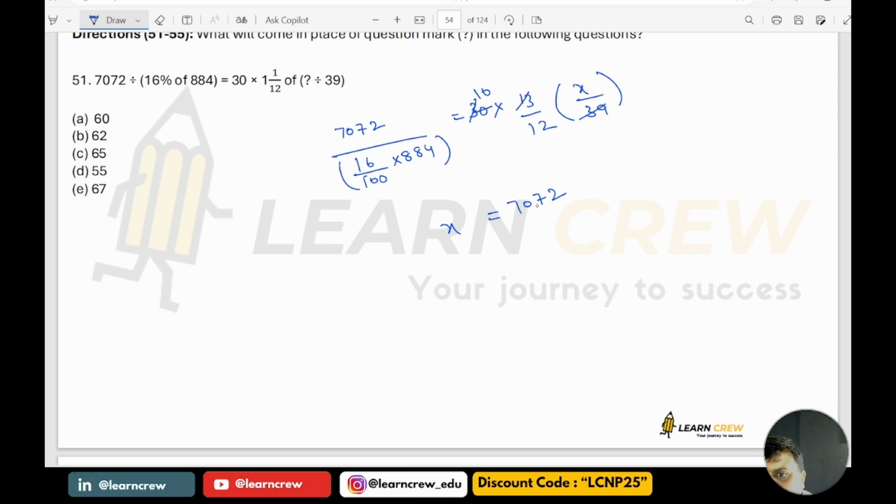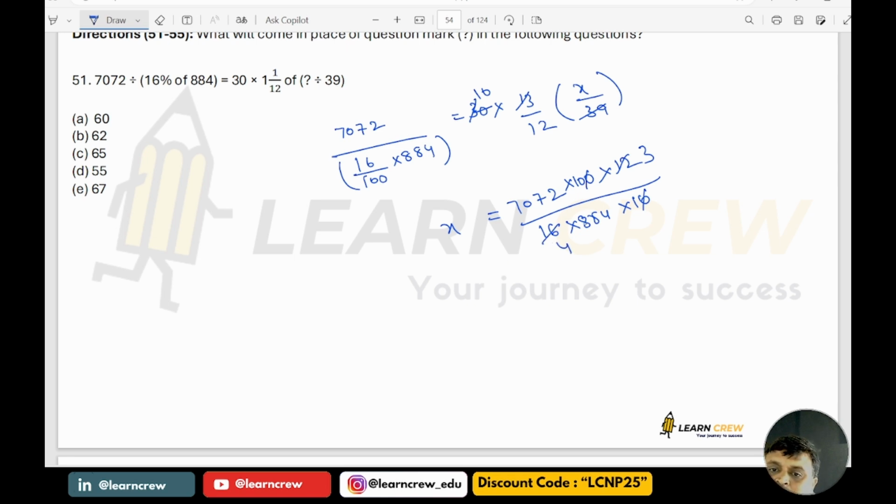So let me check. 7072 into 100, this 100 goes to the top, 7072 into 100 into 12, divided by 16 into 884 into 100. The 0s cancel.